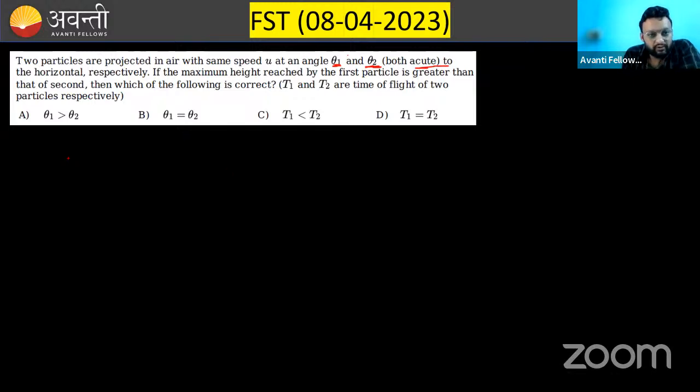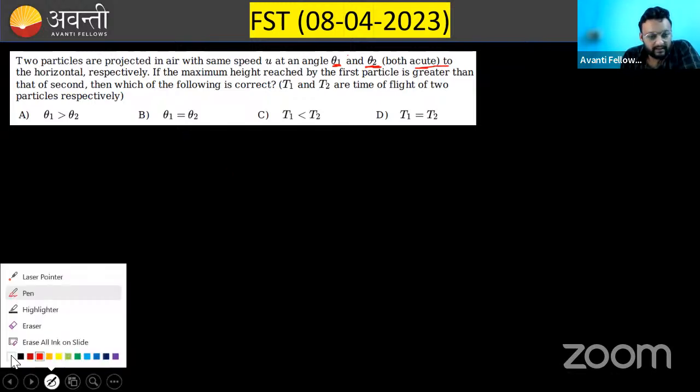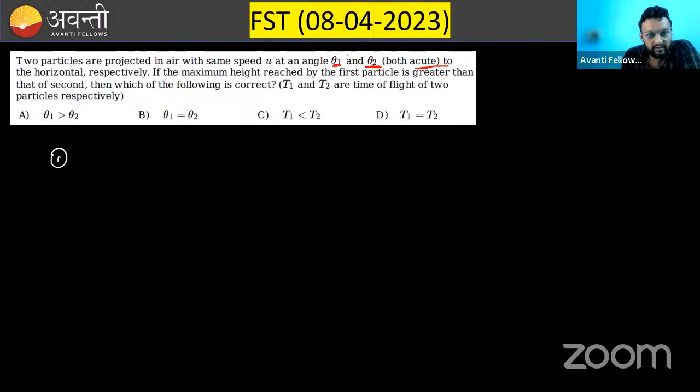Now, let's suppose this is particle 1, this is particle 2. The question says if the maximum height reached by the first particle is greater than the second.